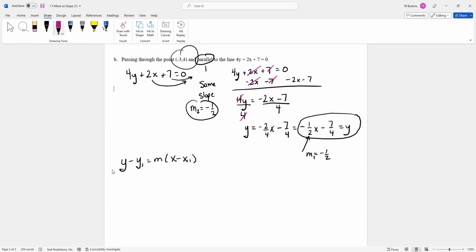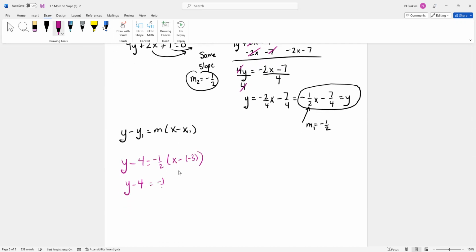Okay, so this is going to be y minus 4 equals minus 1/2 times x minus negative 3. Okay. And then we just need to simplify this and get y equals.